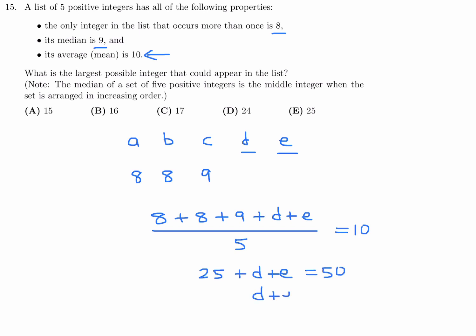And therefore D plus E will be 25. So we have to choose D and E in such a way that we can maximize E. We want this to be as large as possible. And what I did was I chose 9 and 16. And therefore the largest is 16.